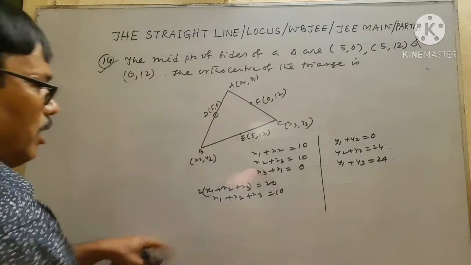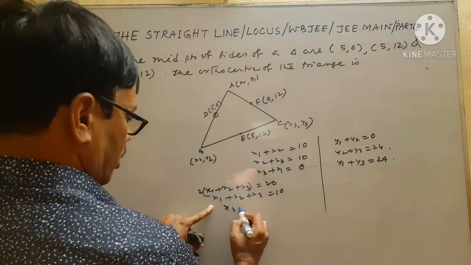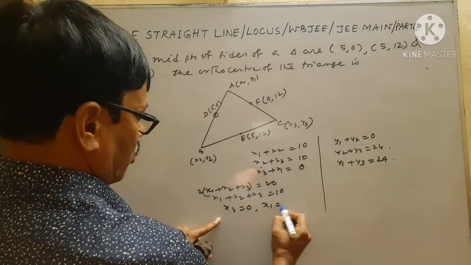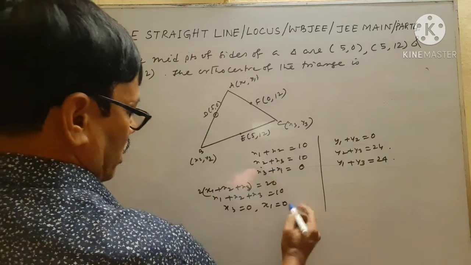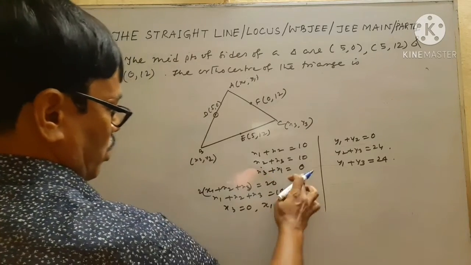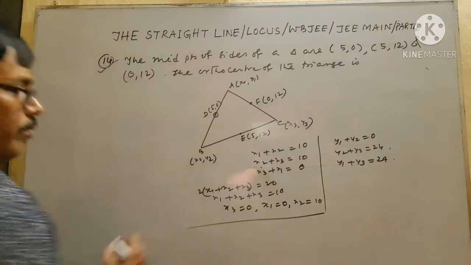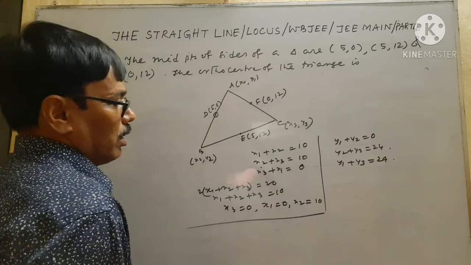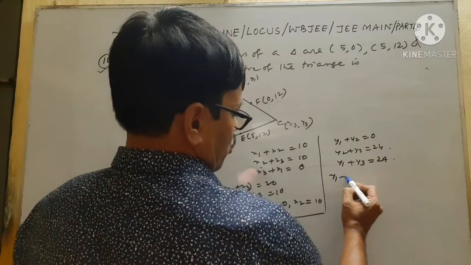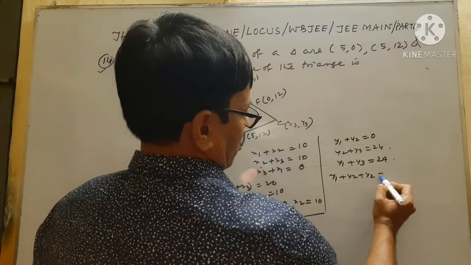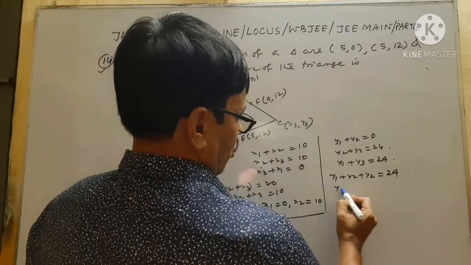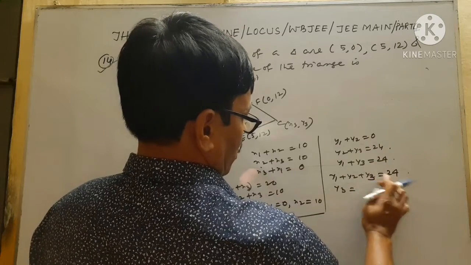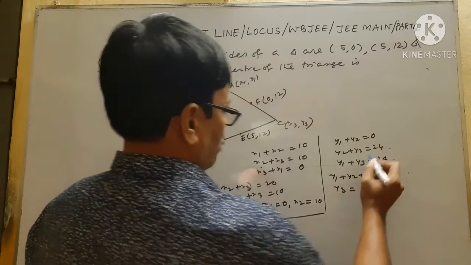So very simple. What is x3? x3 equals 0. What is x1? x1 equals 0. Now what is x2? x2 equals 10. And y1, y2, y3: y3 equals 48 by 2, so this is 24.